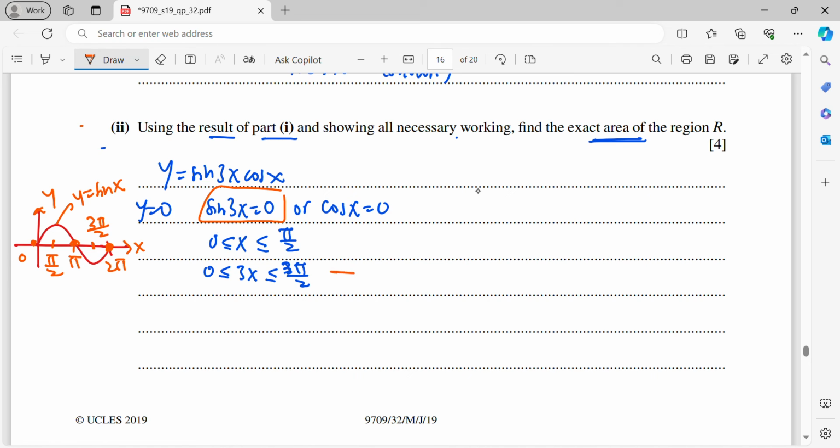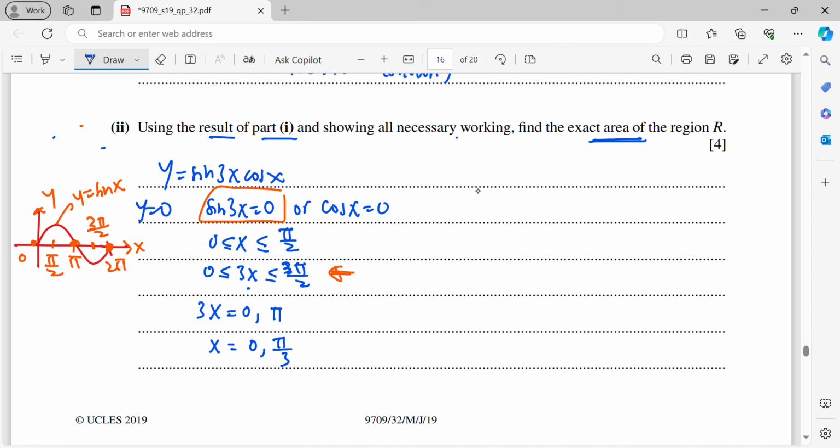Because the maximum value for 3x is only 3 over 2 pi, therefore 2 pi will not be included. So I will write, sorry, it's not x, it's 3x because I'm solving for 3x: 0, pi. Then my x will be divided by 3, so 0 or pi over 3.